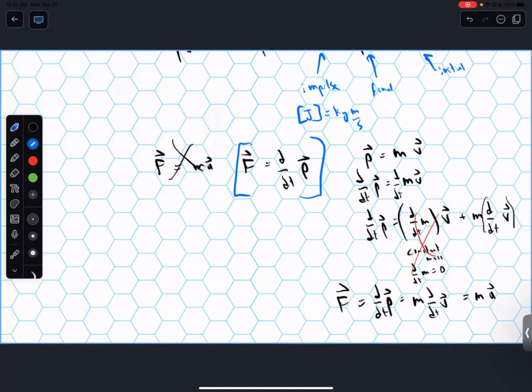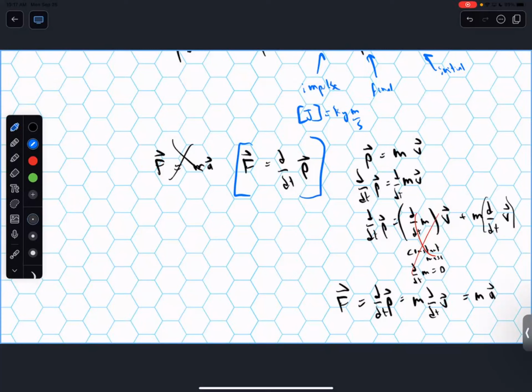Okay, using this formula, we can derive what the impulse corresponds to. If the impulse is a change in momentum over time, we can define it using Newton's second law. So I'm going to write that F, the force in newtons, equals d dt of p.